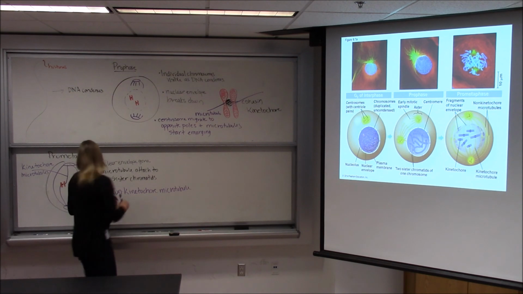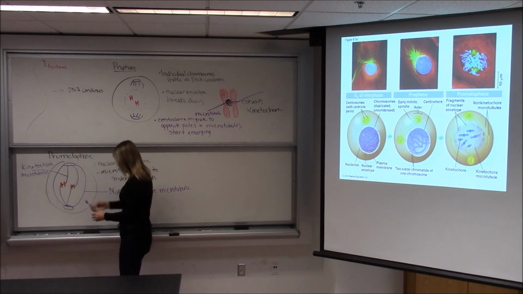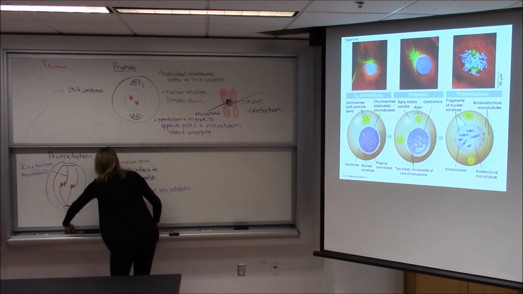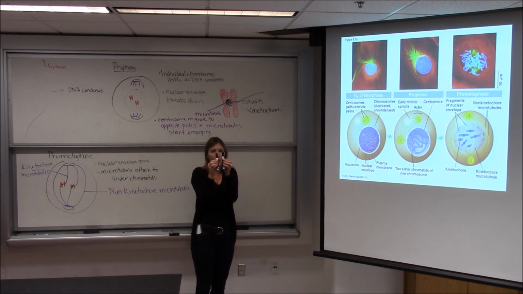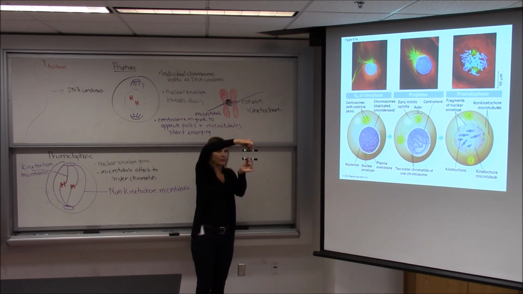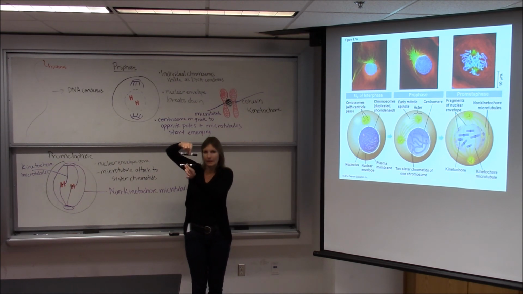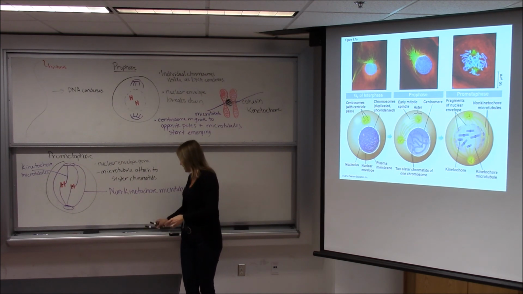Now what happens is pulling. If you imagine that these two are connected to strings or ropes from opposite ends, and they're getting pulled, they're going to end up like this. And they're all going to end up in the middle of the cell. And as soon as that happens, we're at the next stage called metaphase.